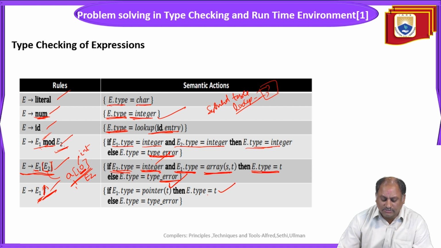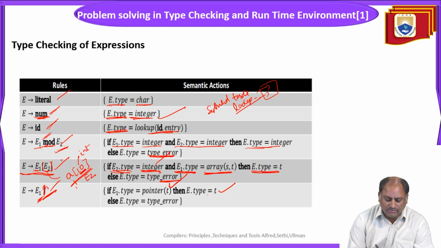A given expression E may be a literal, number, identifier, E1 mod E2, E1 of E2, or pointer E1. These expressions are to be evaluated with the corresponding types. For E1 mod E2, the result is of type integer.